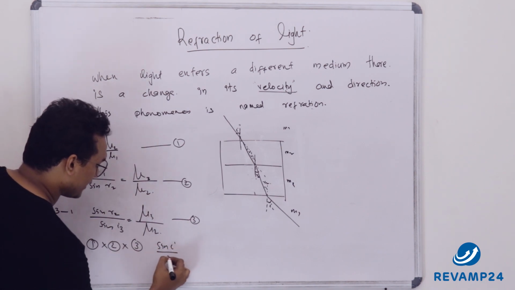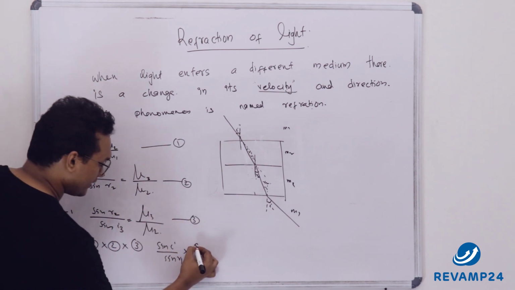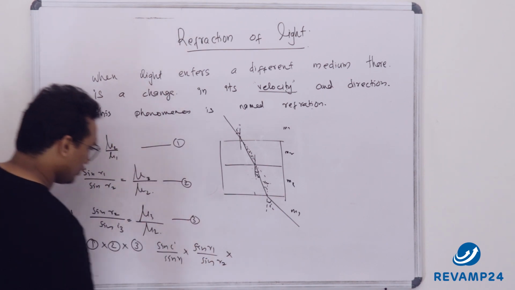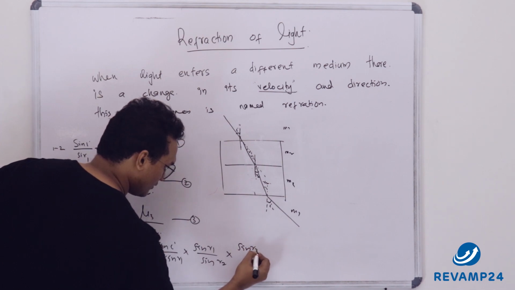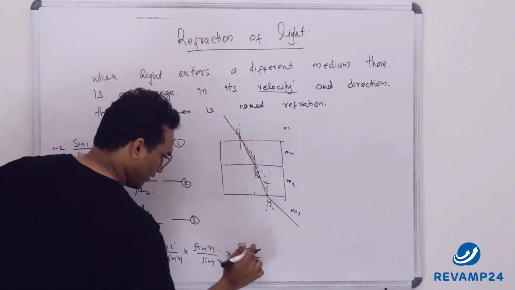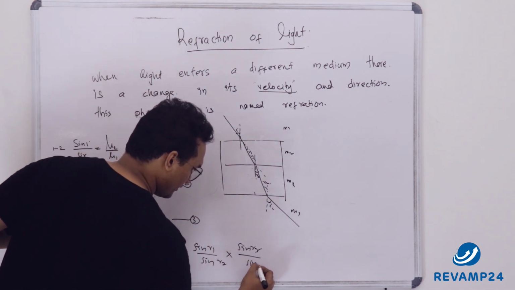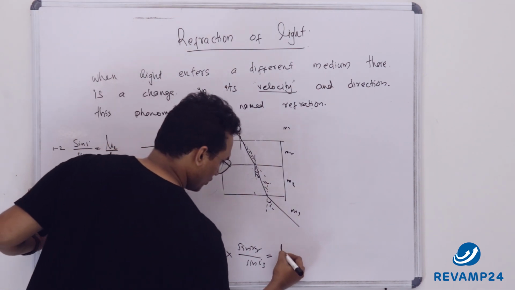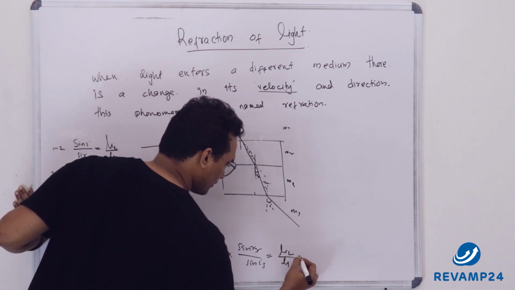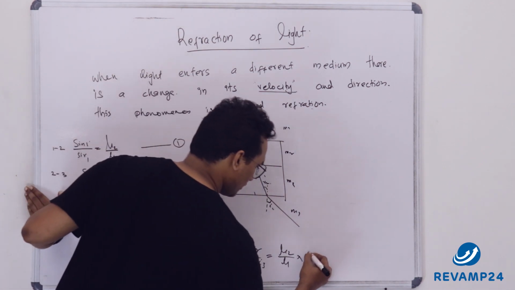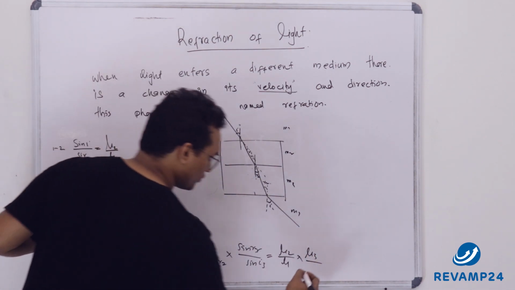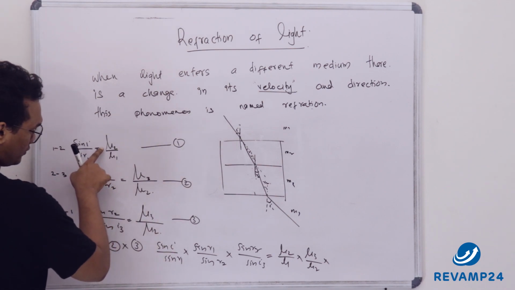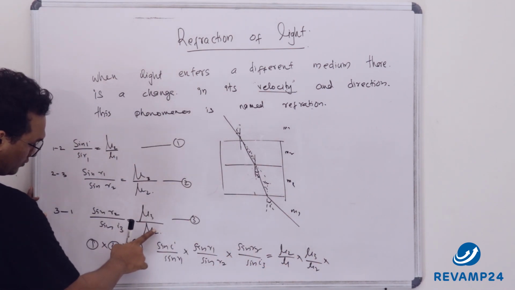Sin i by sin r1 into sin r1 divided by sin r2 into sin r2 divided by sin i3 is equal to mu 2 divided by mu 1 into mu 3 divided by mu 2 into mu 1 by mu 3.